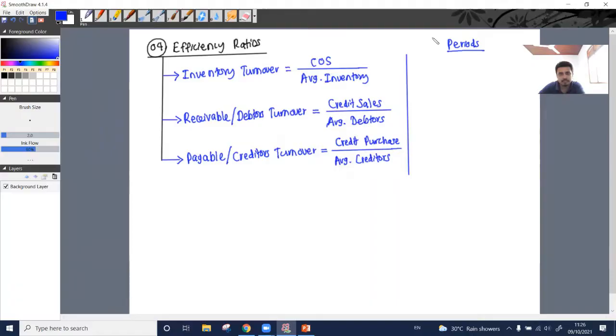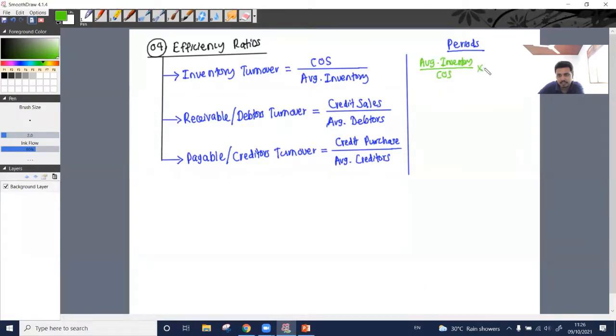So how can we compute that one? There what we need to do is we need to interchange the captions in this numerator and denominator. So once we interchange, how does it look? We need to take average inventory to the numerator. Divide this by cost of sales.